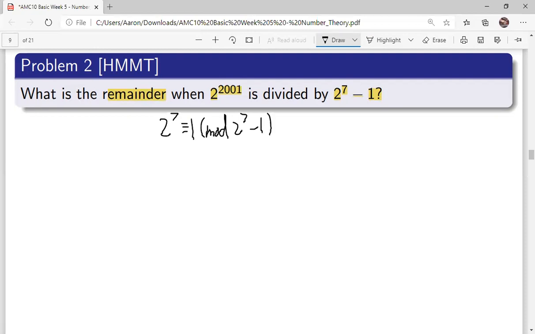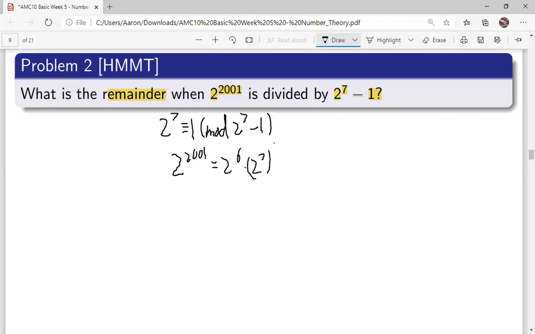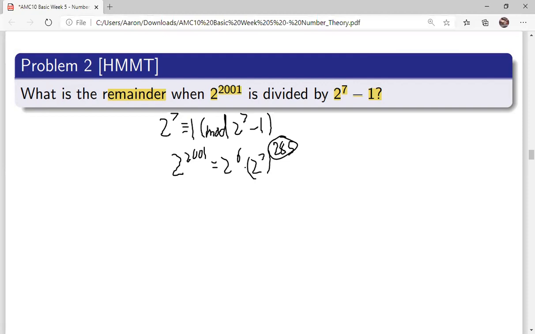So we can split 2 to the 2001 into 2 to the 6th times 2 to the 7th to the 285. The exact number here doesn't matter, but it turned out to be 285. You just really need that 2001 is congruent to 6 mod 7.